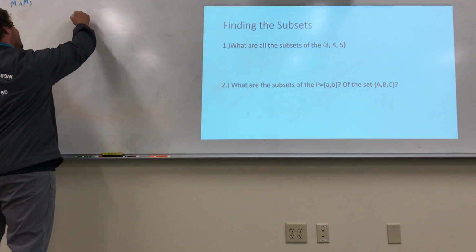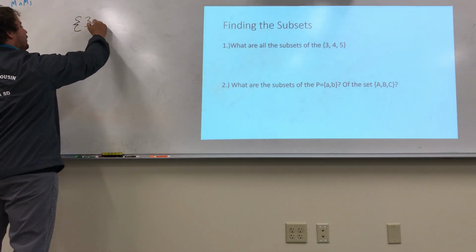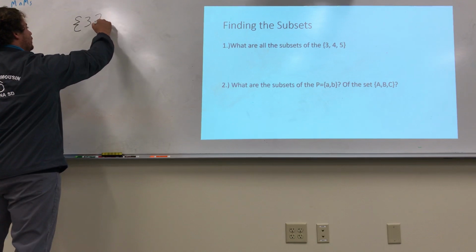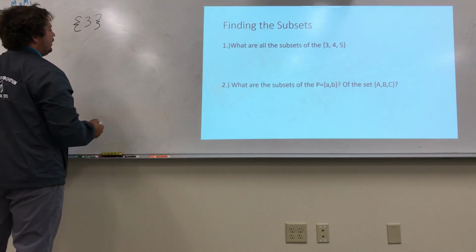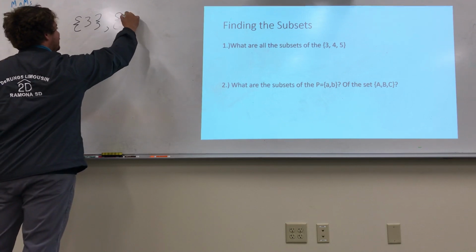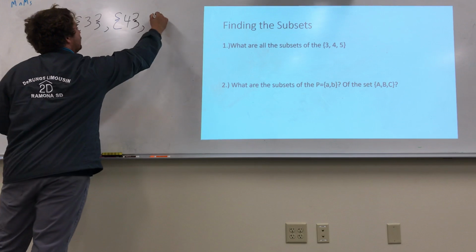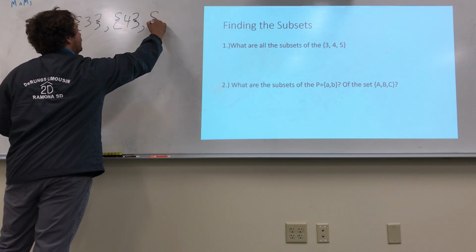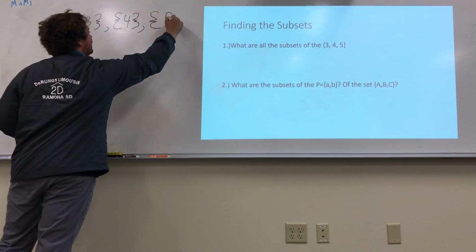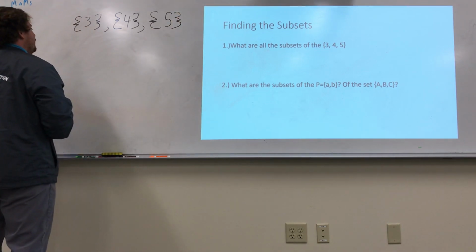So your subsets, if I only let you take one, is you're going to have a chance to get number 3, or the Snickers bar. You're going to have a chance of number 4, which is the Reese's. And then number 5, which was the Kit Kat. Okay? That is if I only let you choose one.